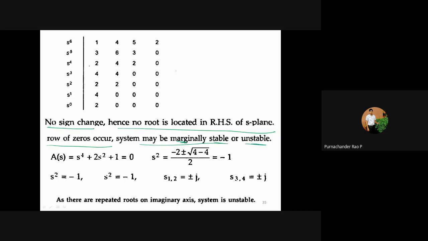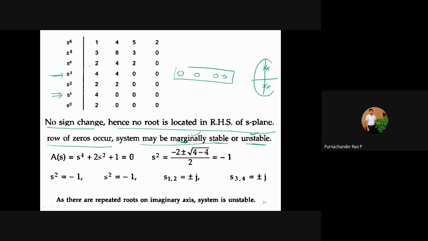So here the s cube term we are getting as 0 0. So this indicates that the system may be marginally stable or unstable.